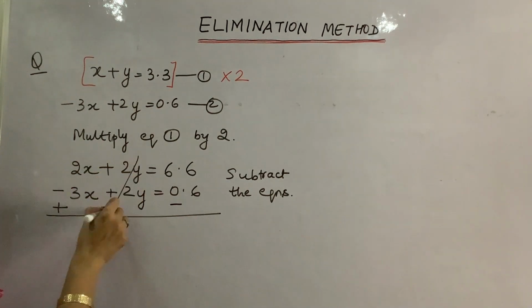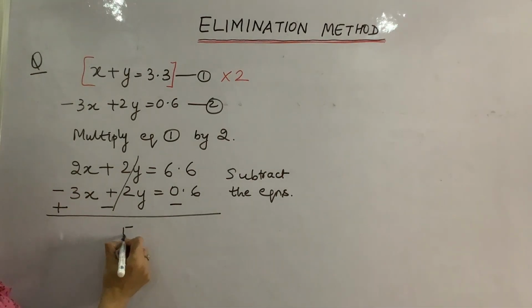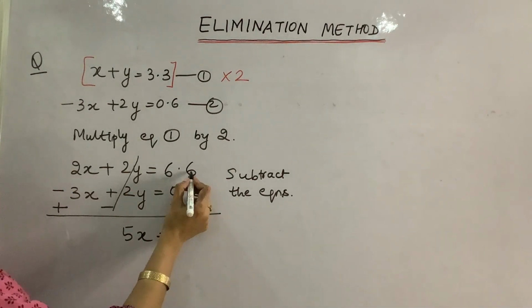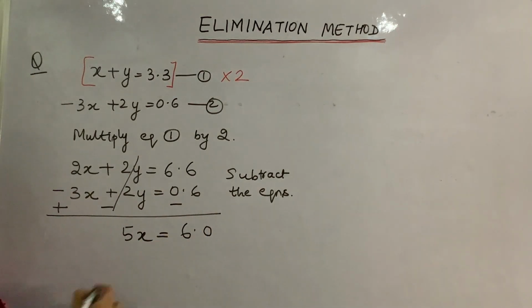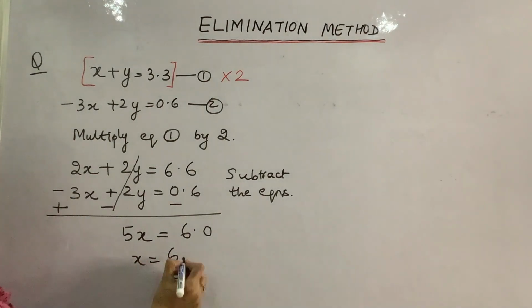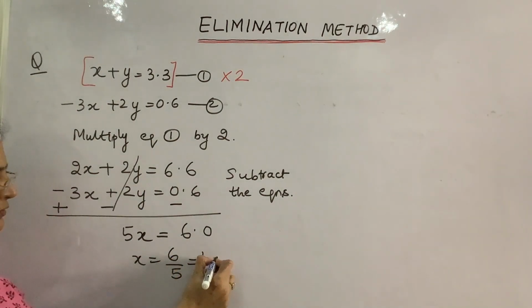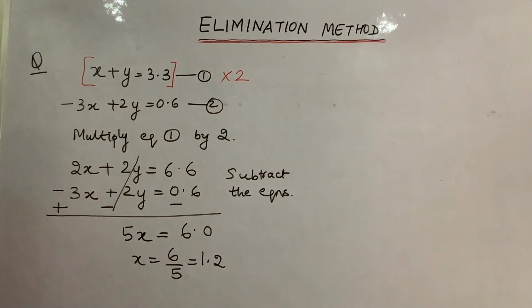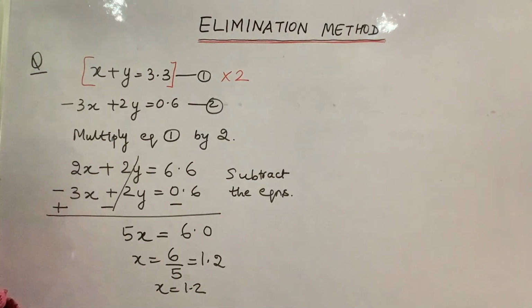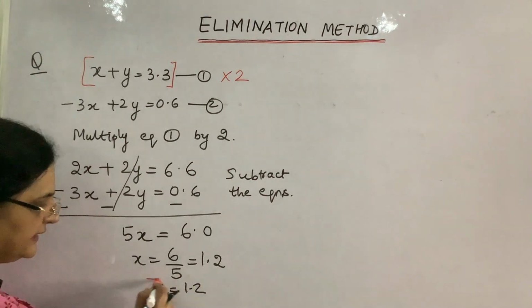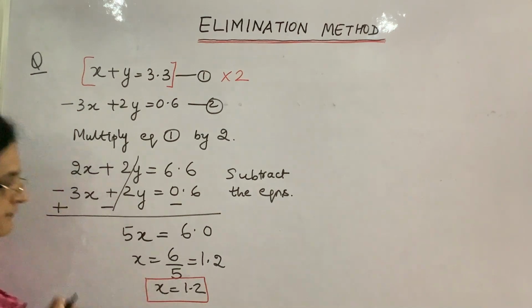Now as soon as you start the operation, it becomes 5x is equal to this minus this, 0 and 6. So x is equal to 6 upon 5, and when you convert it to decimals, you get x is equal to 1.2.